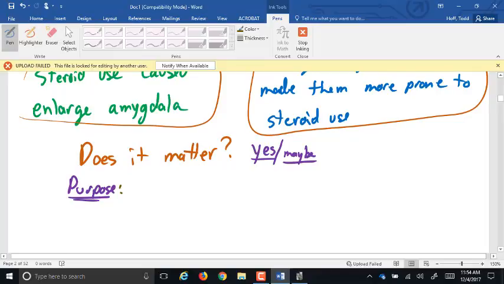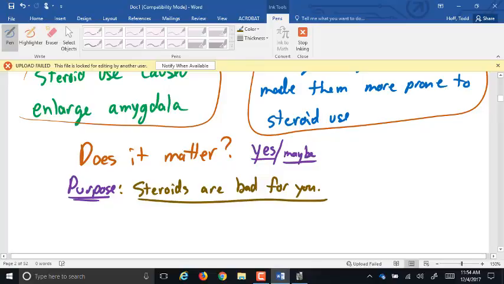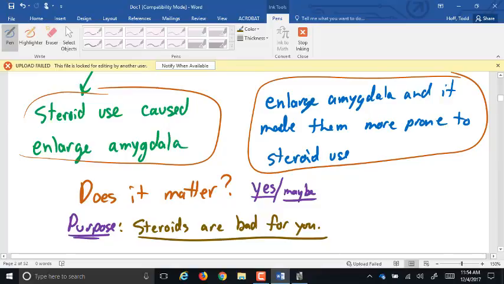Well, let's see if our purpose here is to show that steroids are bad for you. So the purpose of the study is to show yet again that steroids have a bad effect on you.